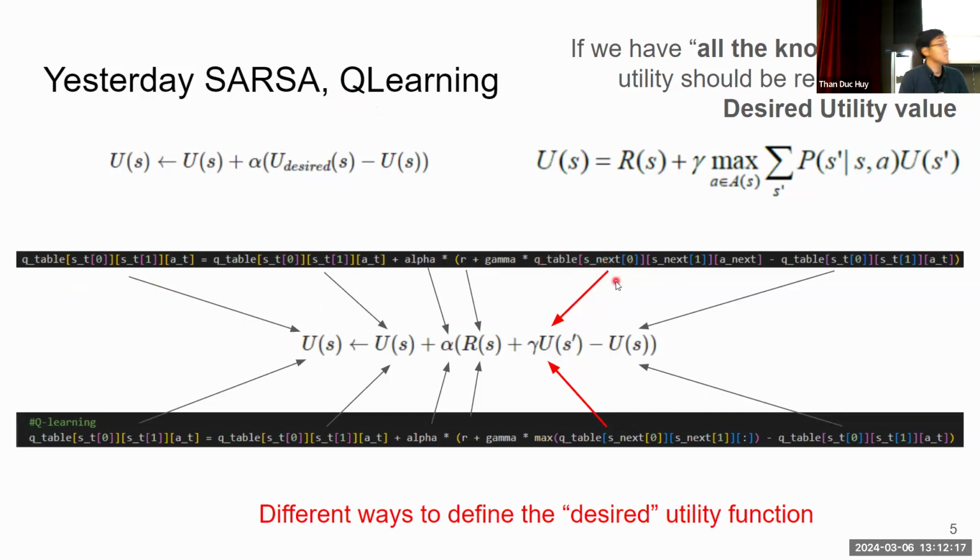SARSA takes the value from the Q table, whereas Q-learning takes the maximum action. That signifies the two different approaches. If you recall yesterday, the Greek word, there is an optimal path, and then there is a generally safer path.